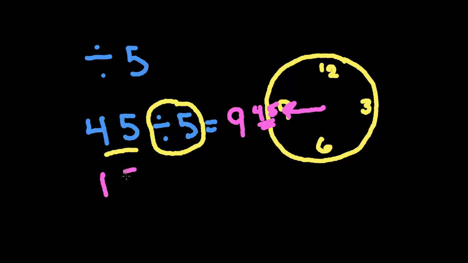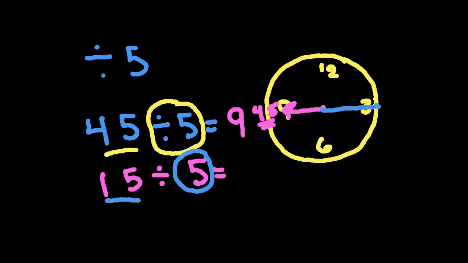Let's say we have 15 divided by 5. So again, we're looking at using the divided by 5 rule. The action's on the 15. So if I'm 15 minutes past the hour, where is the big hand on the clock?